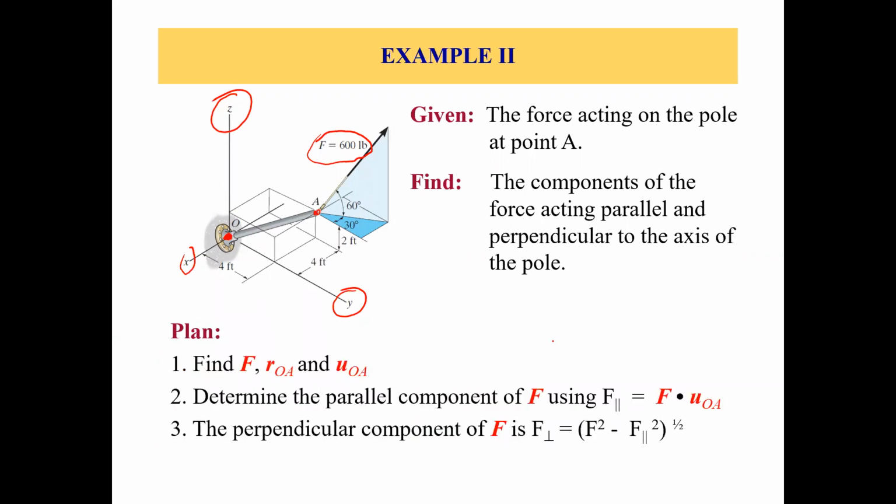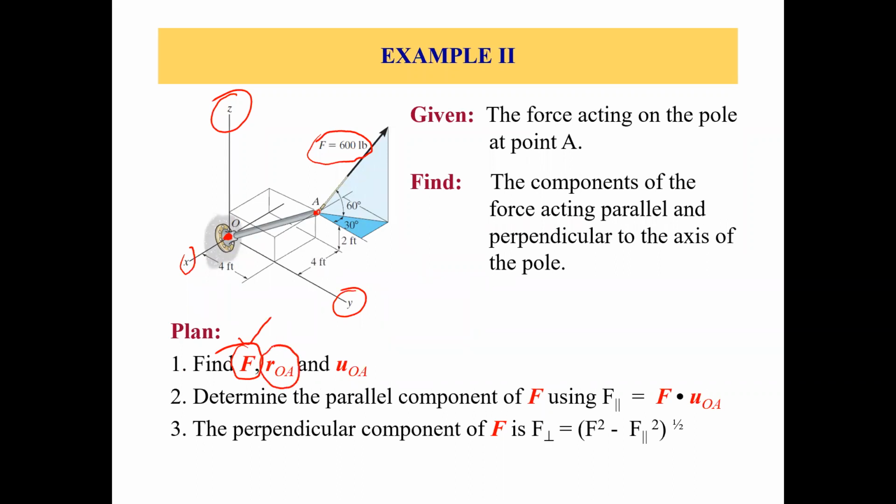So what's the plan? What steps should we follow for this problem? First step, find F, because we are just given the magnitude, F equals 600 pounds, but we need this force in vector form. Then we find the position vector ROA.